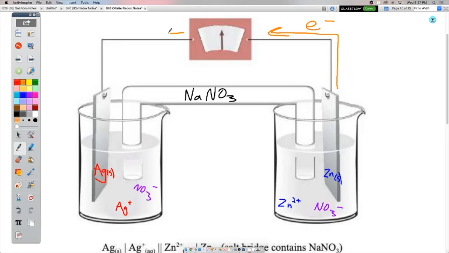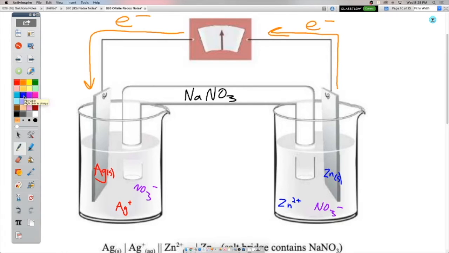They're going to go through the voltmeter, make the needle move just like we saw, and then they're going into the silver, which will then, these ions will go pick it up. But now that we figured out which way electrons are going, life gets a whole bunch easier because, hey, what's going to be oxidized now? Oxidizing is losing electrons. So it's pretty clear now that we know who's going to take them, who's losing them. It looks like zinc is losing its electrons.